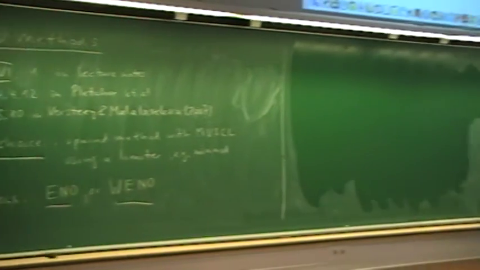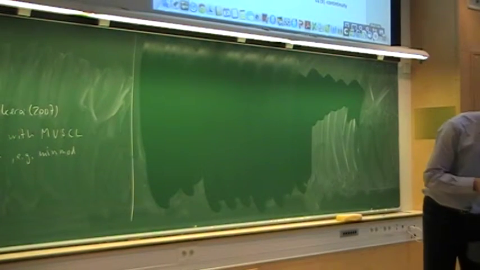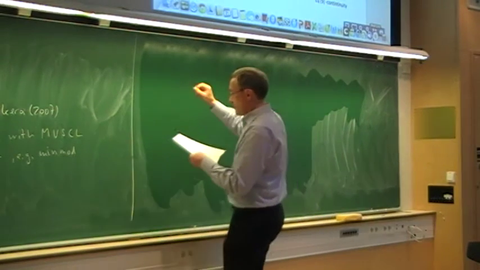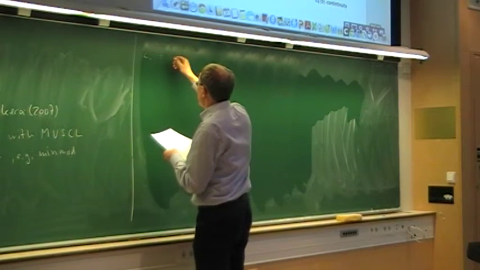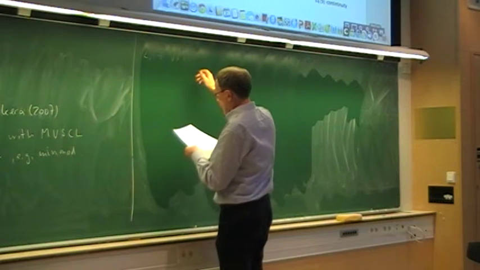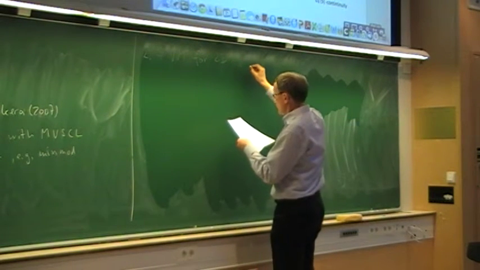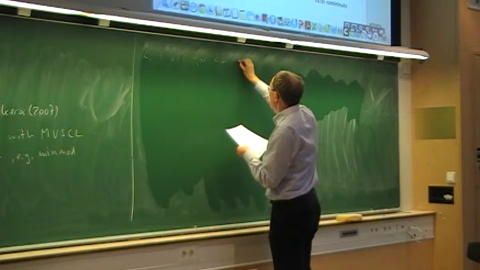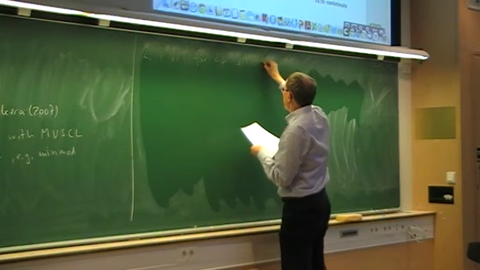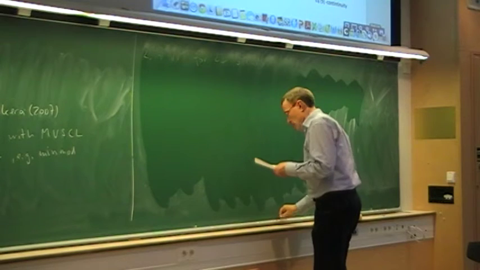So then we use the finite volume method for 2D steady convection diffusion.